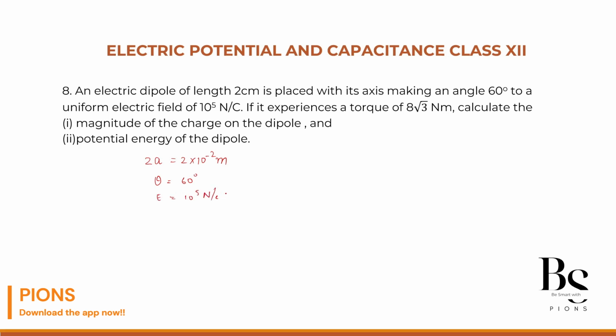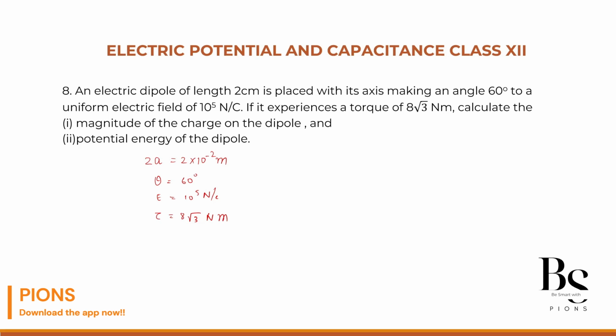Fine. If it experiences a torque tau of 8 root 3 Newton meter. Torque unit is Newton meter, yes. Calculate the magnitude of the charge on the dipole and the potential energy.